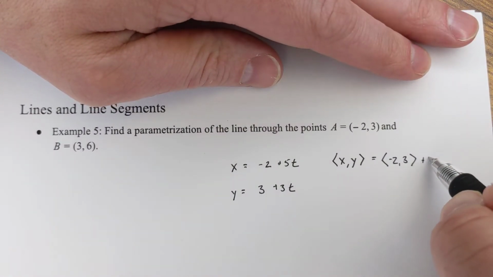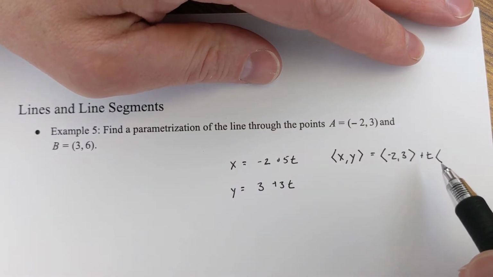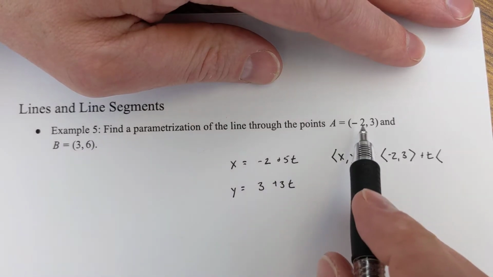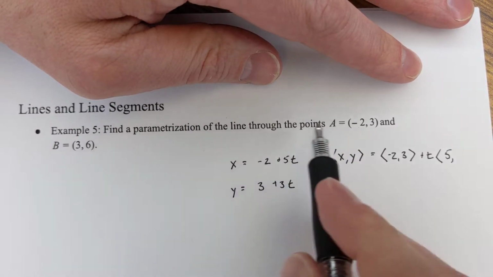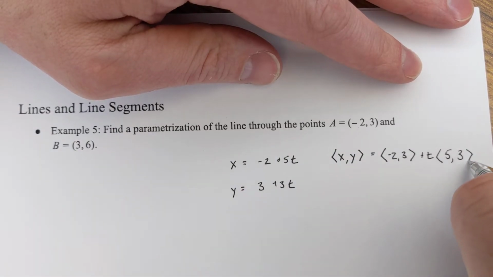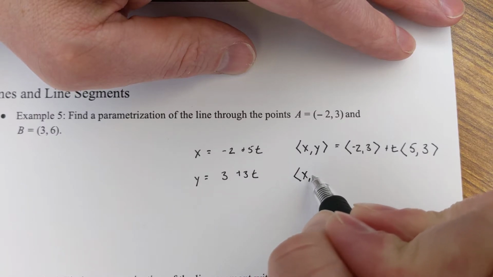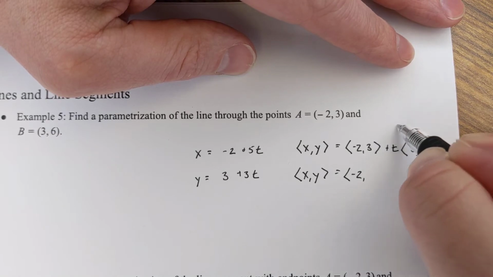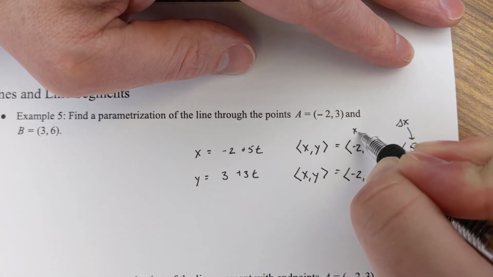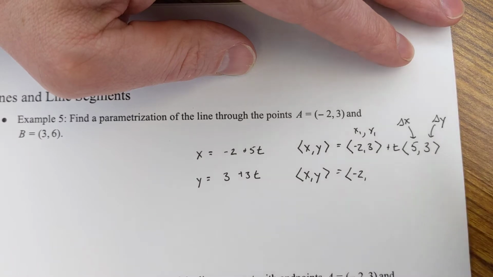Then you multiply by the parameter, and this is going to be x2 minus x1, the change in values, y2 minus y1. Sorry, that value is delta x. This is x1 and y1. This value here is delta y.